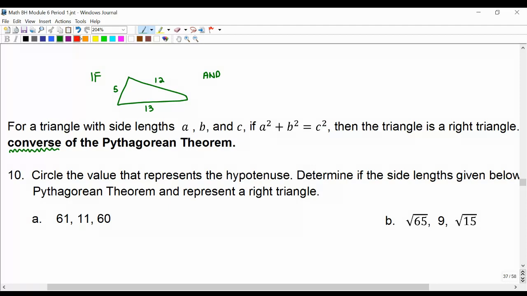If this is potentially going to be a right triangle, then this needs to be the c value. So the longest side needs to be c. Otherwise, I'm going to get false or wrong answers, or things that aren't right triangles that actually are. So let's see, is 5 squared plus 12 squared equal to 13 squared?